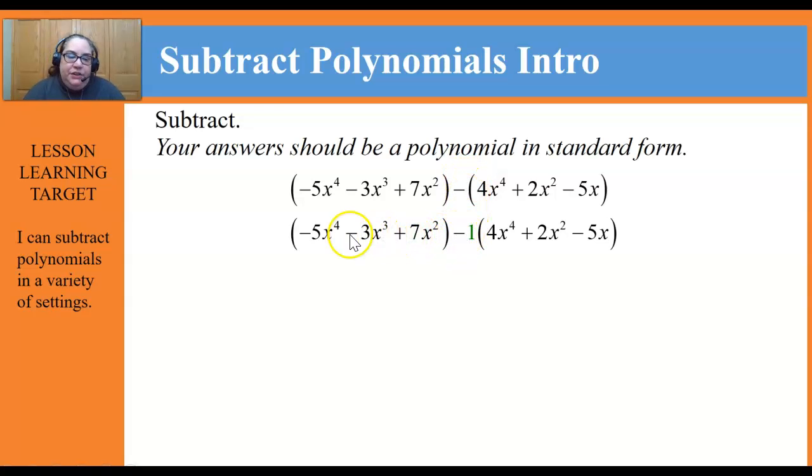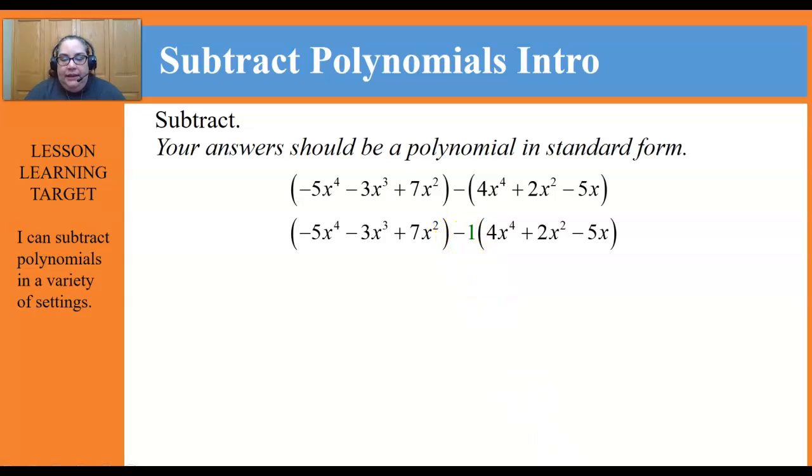So really what we're doing is we're taking this minuend, that's the official word for the thing you're going to subtract from, and we are subtracting from it the subtrahend. Again, just official words. And there's just one subtrahend, so there's that 1 there.